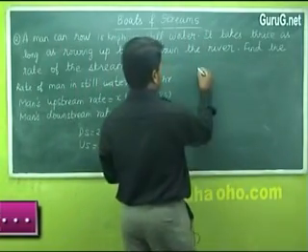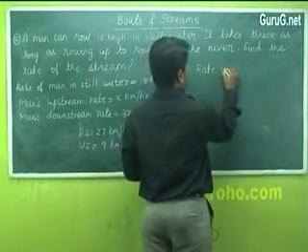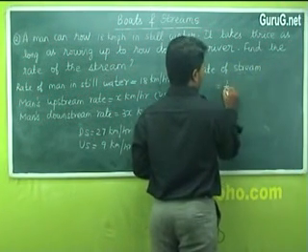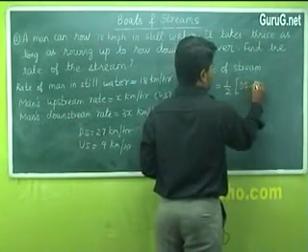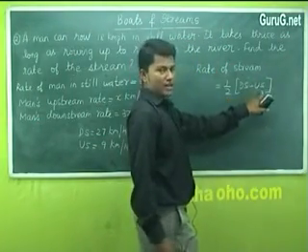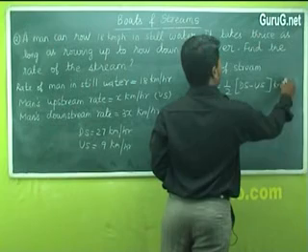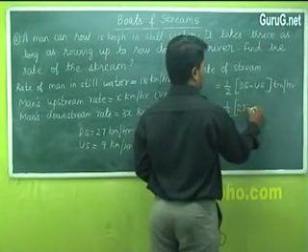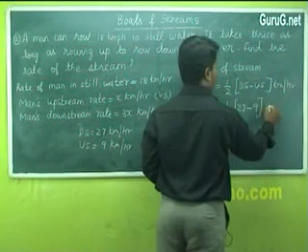Formula for finding the rate of stream: the rate of the stream is half into ds minus us, that is half into downstream speed minus upstream speed kilometer per hour. So you know the downstream speed is 27 and upstream speed is 9 km per hour.